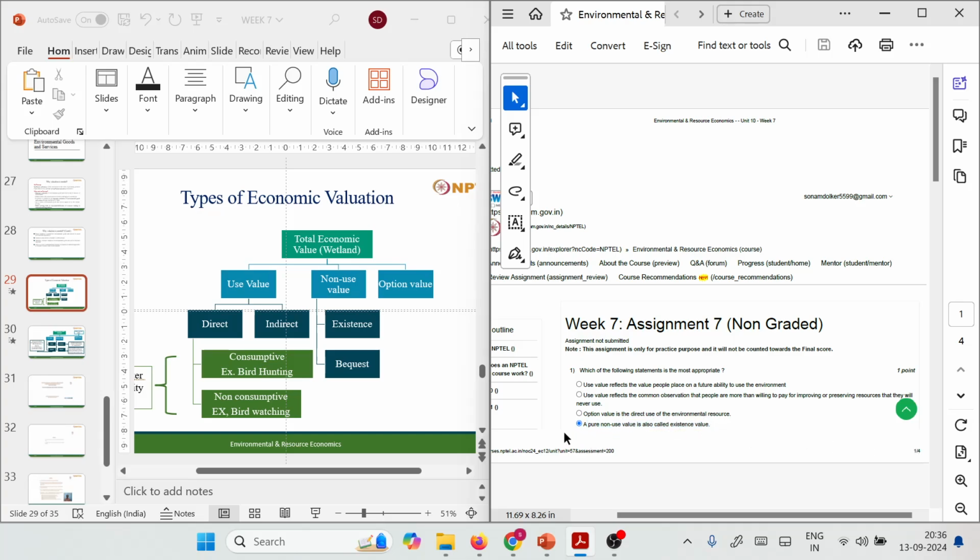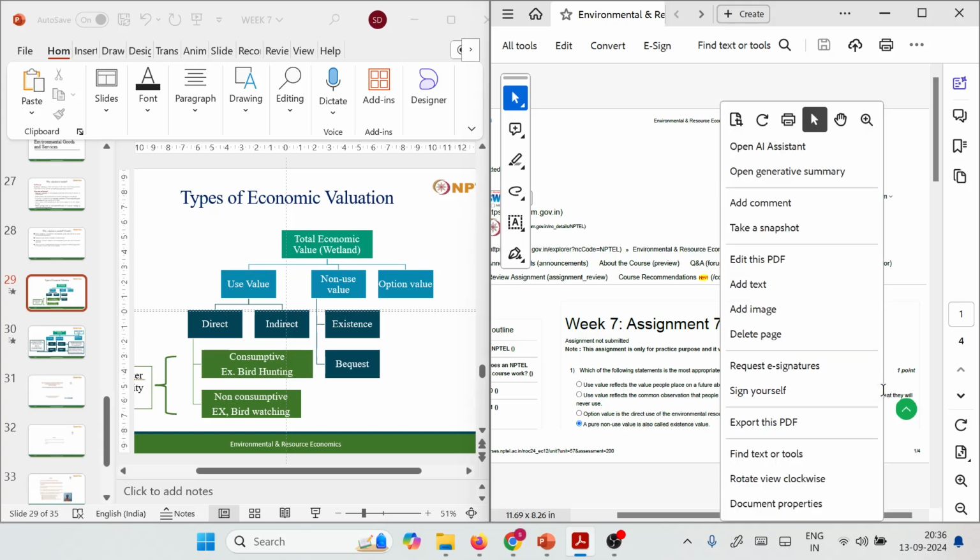From all this, we can say that option A, use value reflects the value placed on future ability, is incorrect, right? The future ability to use the environment is known as option value. So the first is for the case of option value, not use value. The second one, use value reflects the common observation that people are more willing to pay for improving, is also incorrect, because here we say that the person is not using it.